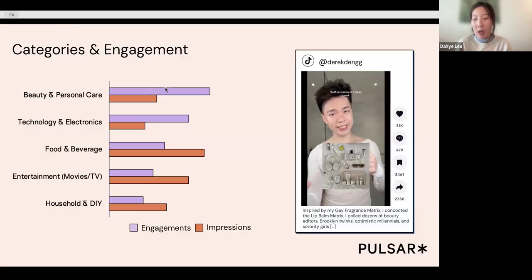This was actually drawn by Derek Dang, who is a beauty editor. So he mapped this lip balm matrix as described. But also, what's interesting here is he pulls out his view, like, by the way, I'm this kind of lip balm person using this specific product. What's yours?